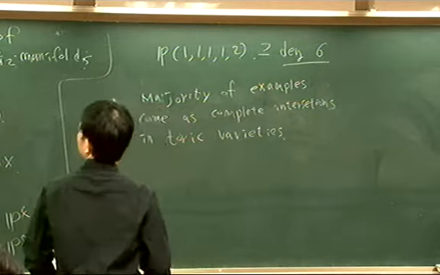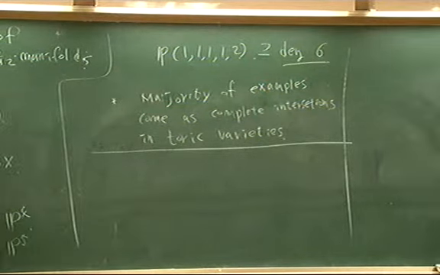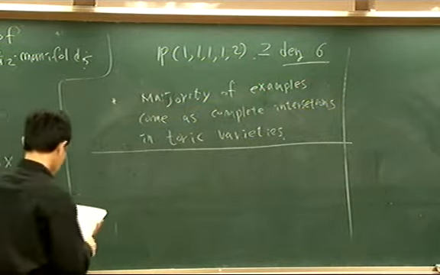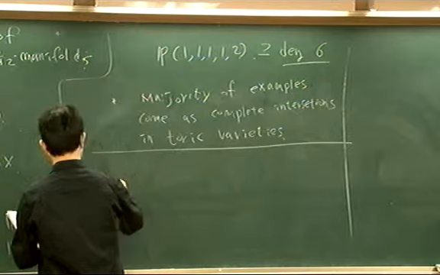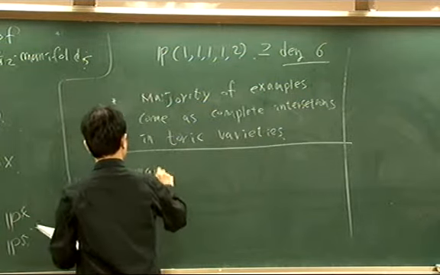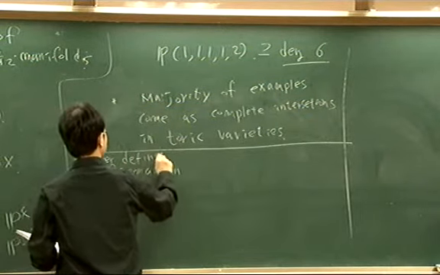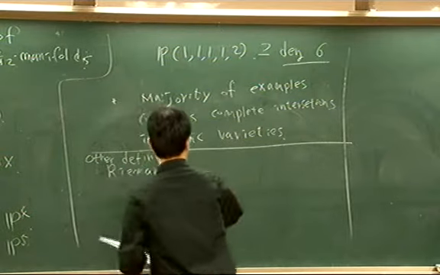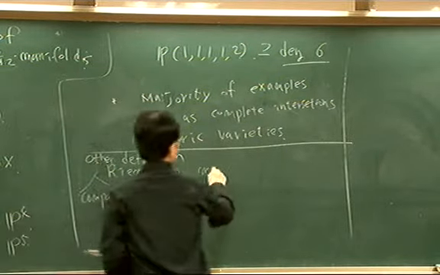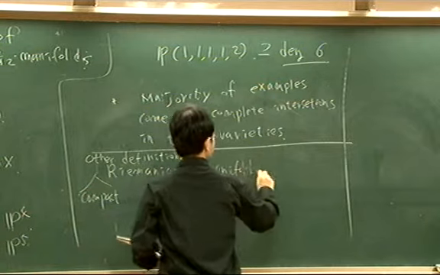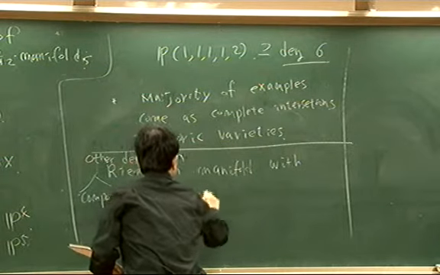Okay, but in Calabi-Yau geometry there is another definition. So you can define a Calabi-Yau manifold like this: a compact Riemannian manifold with SU(n) holonomy.